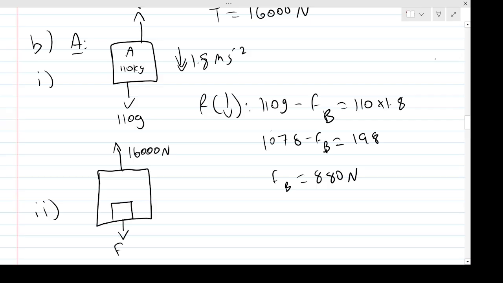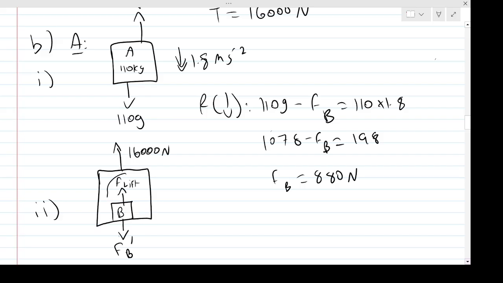I'll call that FB prime to distinguish from F of B in the first part here. Because of the contact between B and the lift, B is wanting to push the elevator down, so the contact force is going down. Likewise, because of Newton's third law, the lift itself will exert a force upwards onto B as well. That will be the force of the lift.